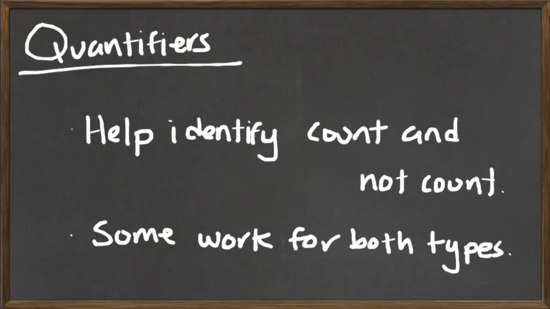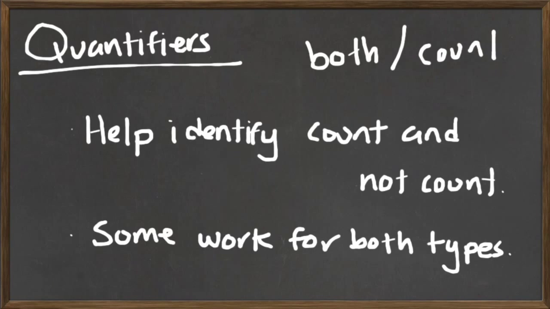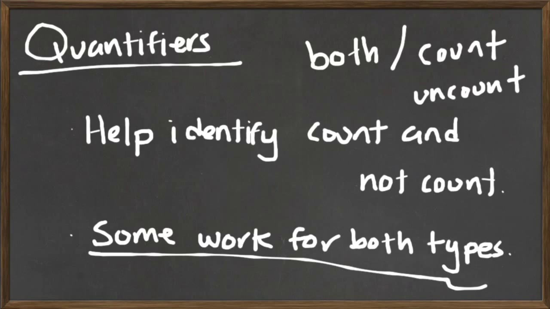Okay, now let's move on to quantifiers. Quantifiers help us identify countable and uncountable nouns. We have quantifiers that apply for both countable and uncountable nouns, and we have specific quantifiers for countable and specific quantifiers for uncountable. Some work for both types. One example would be some.